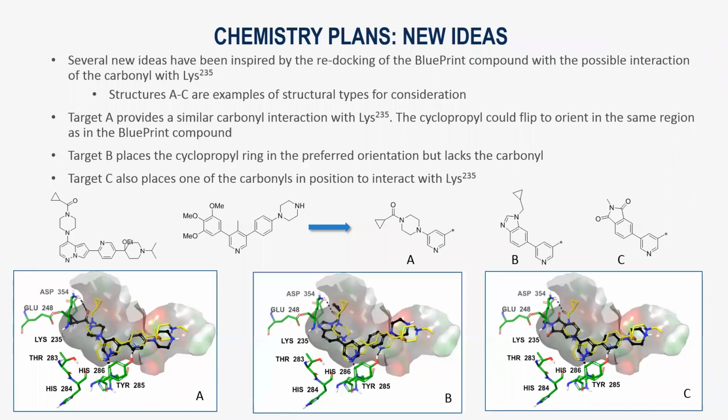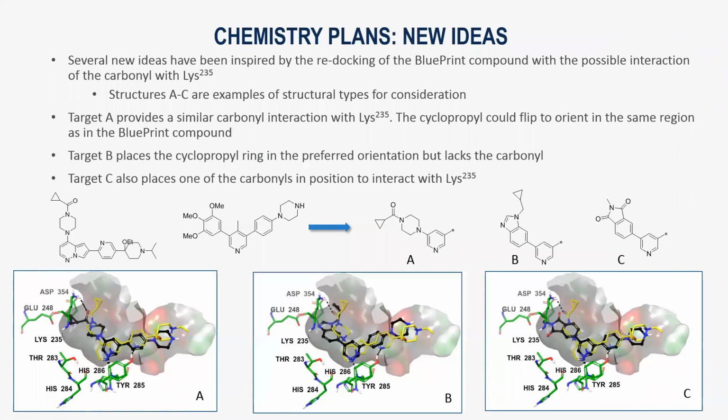If you look at the bottom left-hand picture, this is a docking. It sits in a very nice similar position. Although it doesn't put the cyclopropyl in the docking in exactly the same place, you can envisage that you could get some rotation. Yeah, it looks like they ought to sit in similar places. So I think that's well worth looking at.